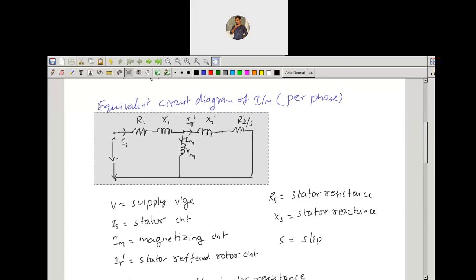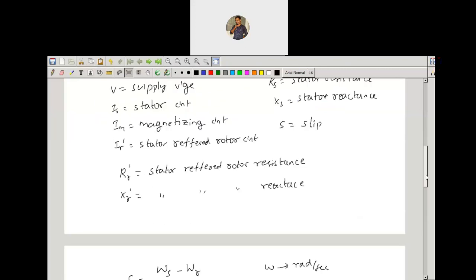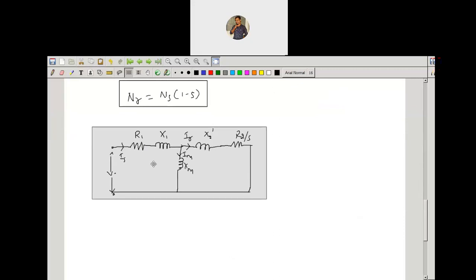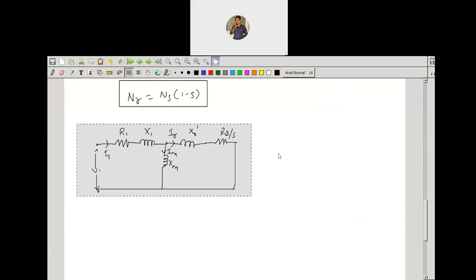Please observe here. Let me copy this diagram. I am redrawing it from the previous diagram only. I will just shift this magnetizing part to the supply side.